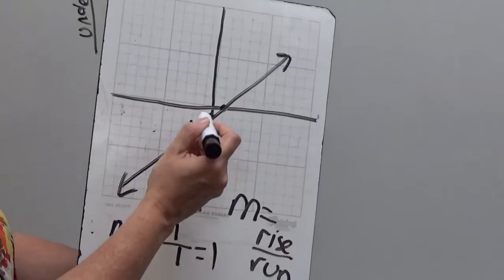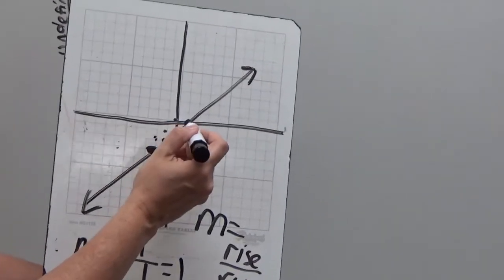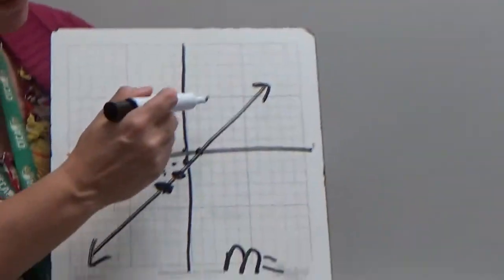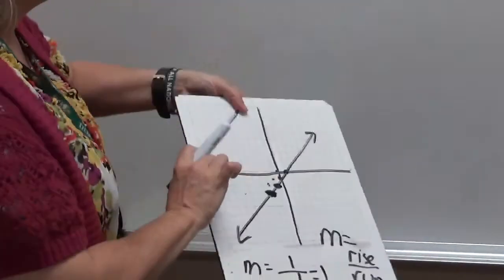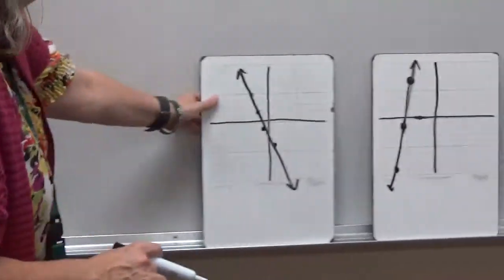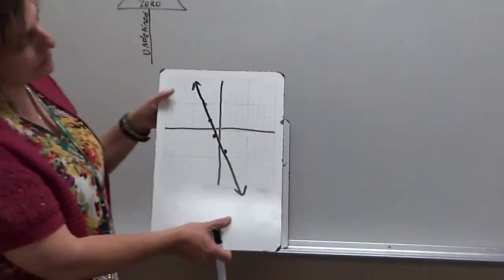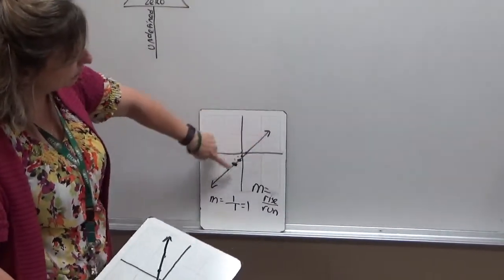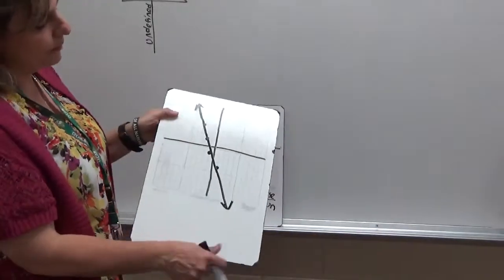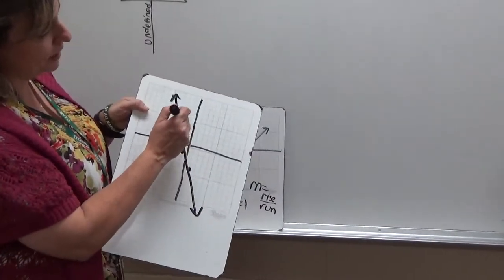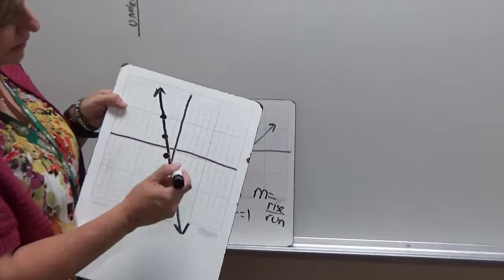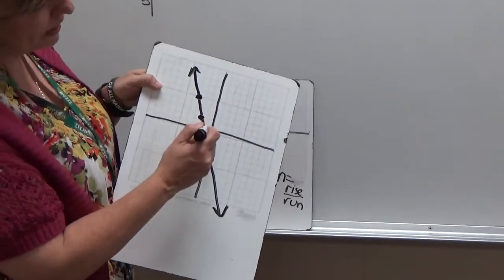So I'm going to do it again. Rise 1, run 1. Okay, so the slope of this line is 1. Okay, now let's look at this one. I told you that when a line slants down, it's going to have a negative slope. The last one slanted up, so that had a positive slope. I'm going to look at 2 points, any 2 points that you can find on the line. And I have to figure out how I get to those 2 points.